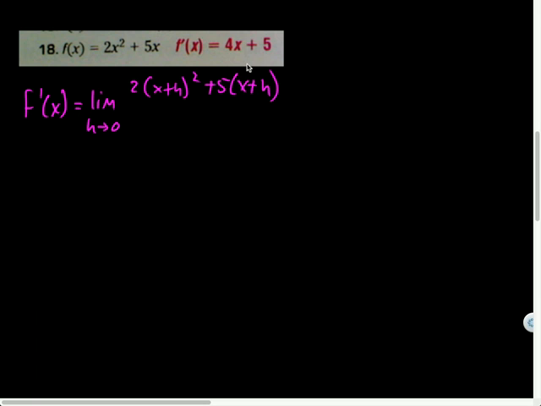Do you guys agree that this is f of x plus h, where I've replaced both of the x's with x plus h's? That's what f of x plus h means. And I'm subtracting f of x. What's f of x? Oh, it's this. I already knew what that was.